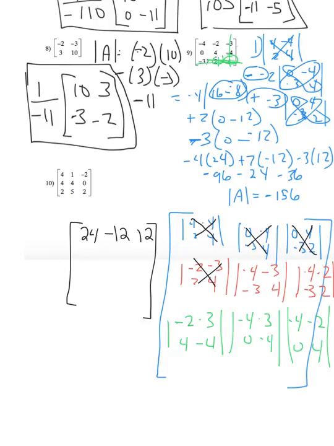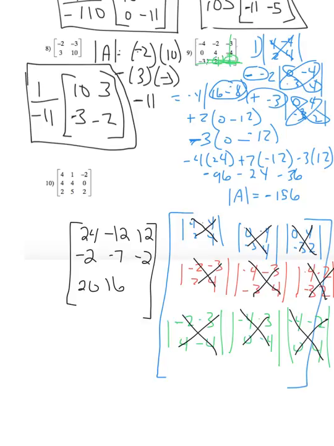So -8 plus 6. -16 minus 9. -16 minus 9. -17. No. -16 minus 9. -7. Here I've got -8 minus 6. Here's +8 minus -12, so 8 plus 12. 16 minus 0. Here's -16 minus 0.